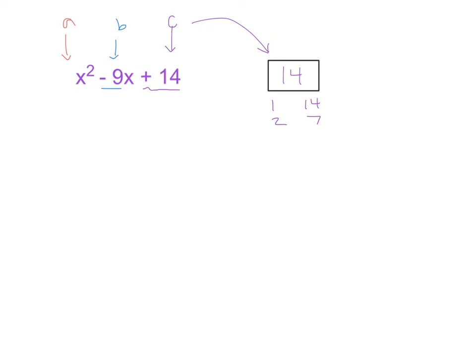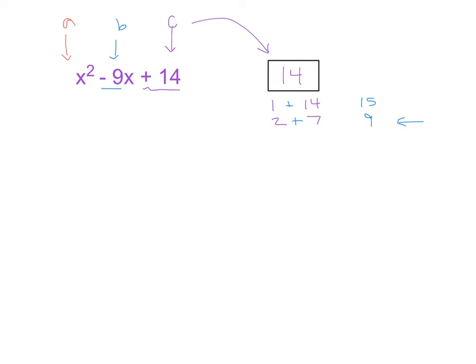Now we're going to add these. So 1 plus 14 is 15, and 2 plus 7 is 9. Now, 15 and 9 are the two sums we have, and we're looking for which of these matches our b term right here. Well, right now neither of them do. We need to have negative 9, but we do have positive 9.